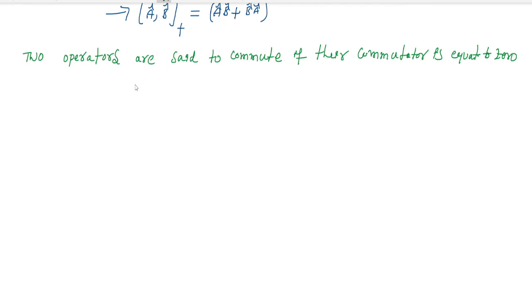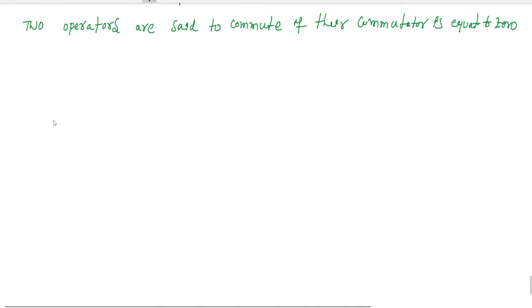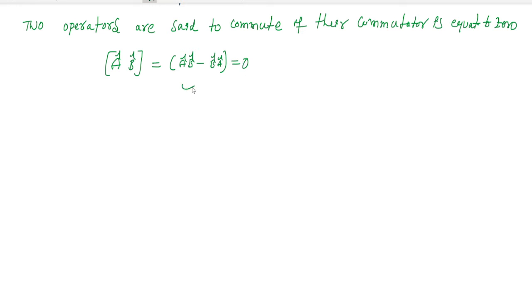Then we can write AB minus BA equal to 0, right? AB minus BA equal to 0, which means commute, AB equal to BA.